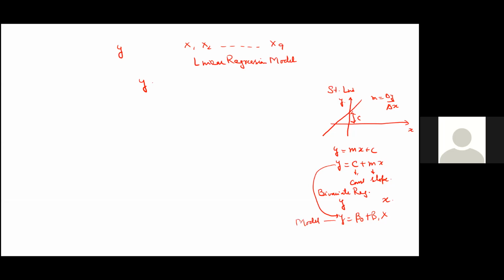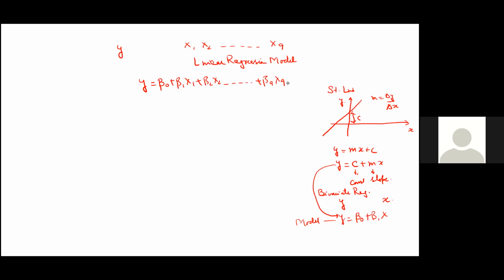So this is the bivariate regression model, where we have a single independent variable. This can be generalized to a multivariate regression model: y is equal to beta 0 plus beta 1 x1 plus beta 2 x2 up to beta 9 x9.